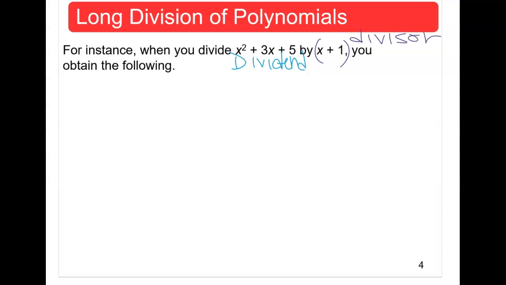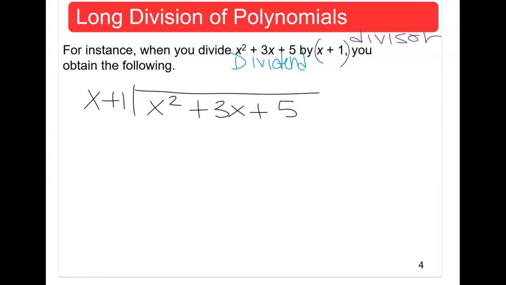So let's see what we get if we divide those two. Okay, so we're going to take x squared and divide it by x. That will give us x. You could place it above the x squared or here. That will probably be better.